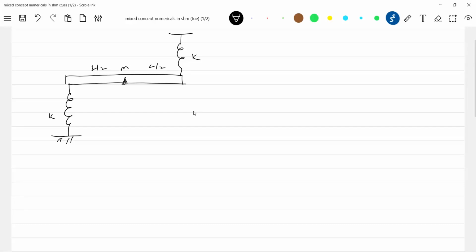So the rod is lying on a smooth horizontal surface. How will g act? g will act perpendicular to the plane of paper.